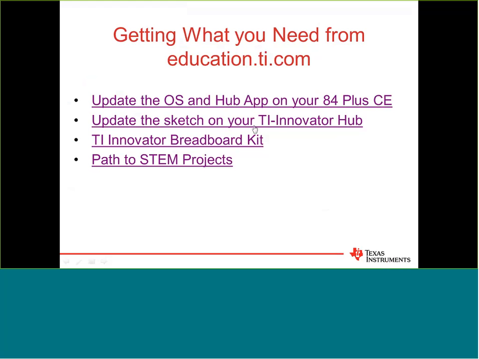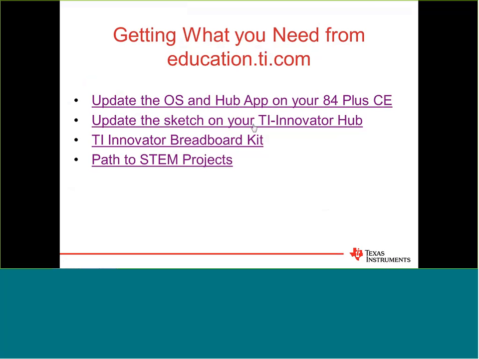And then the next thing is to make sure that your hub is also updated. And so these are things that if you have recently purchased your equipment, they are up to date. But as with all technology, keeping the software and the operating systems up to date is important.